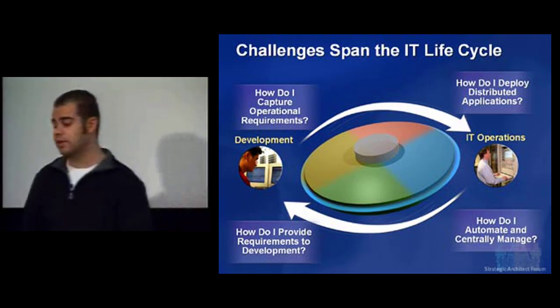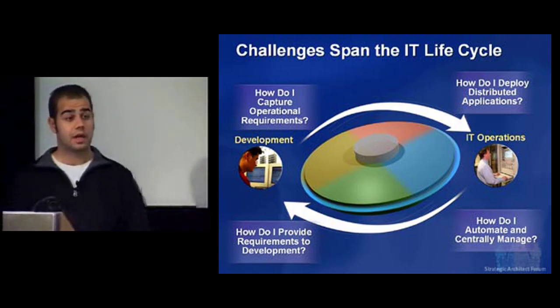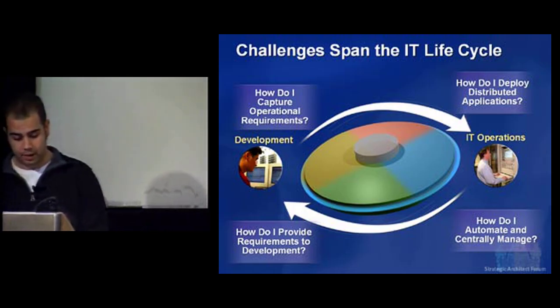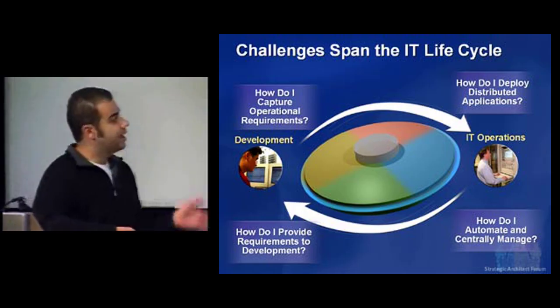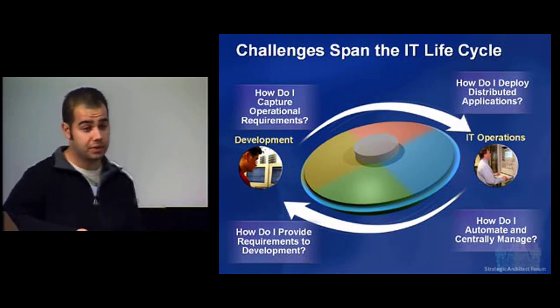So I want to draw an analogy to a movement that happened in the manufacturing industry. There's a lot of lessons that could be learned from there that apply here. In the past, in the manufacturing industry, products have been designed that couldn't be built. They couldn't be manufactured. They could not be produced.